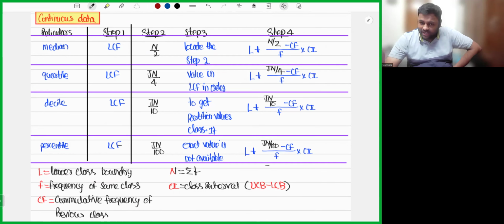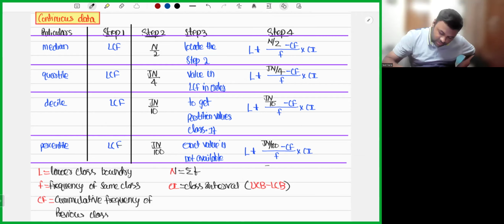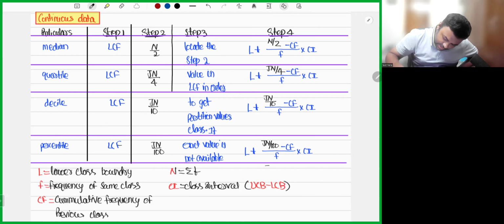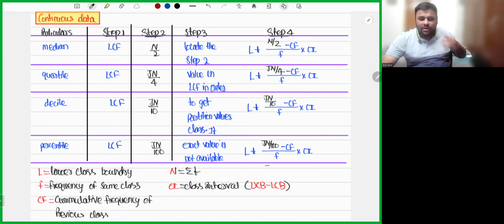We already know how to calculate it. Second step, you'll calculate either n by 2, or jn by 4, or jn by 10, or jn by 100. In case of median, we calculate n by 2. In case of quartile, jn by 4. In case of decile, jn by 10. In case of percentile, jn by 100. See, the numerator is the same. What changes is the denominator.